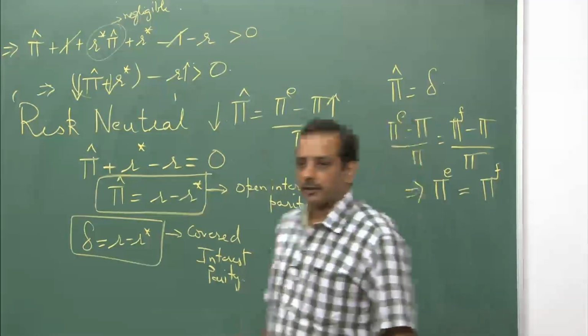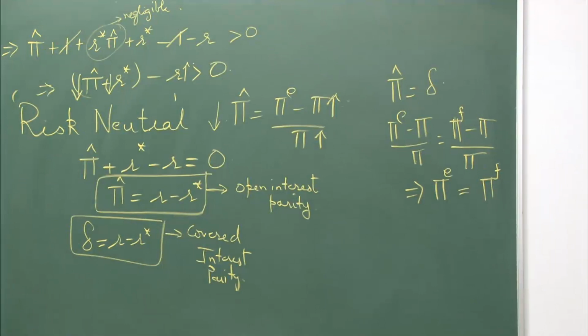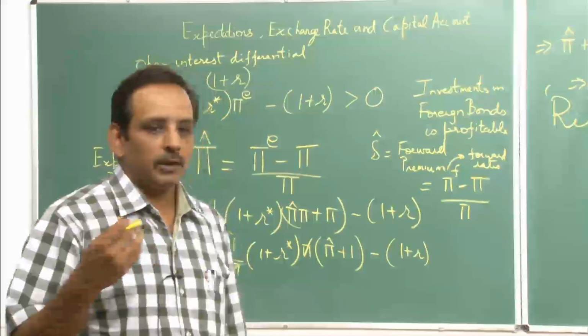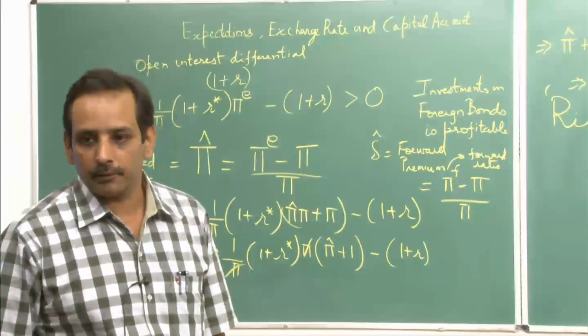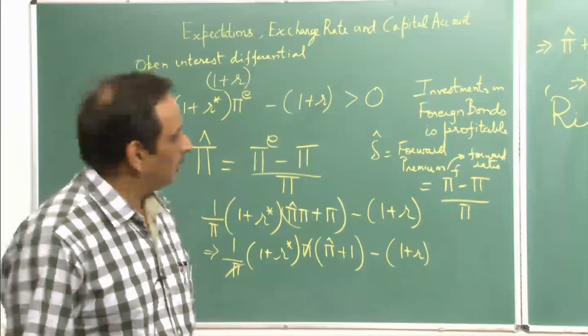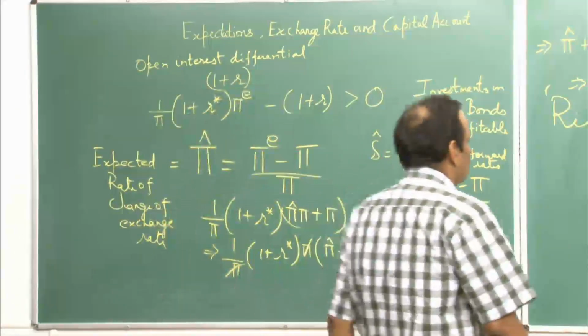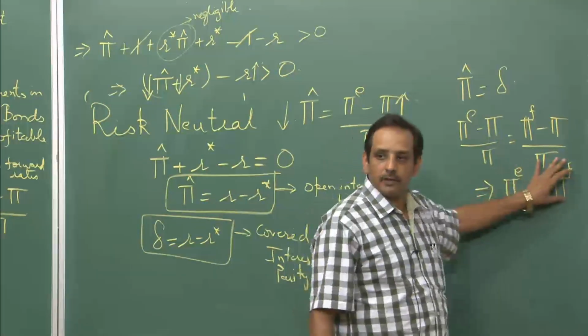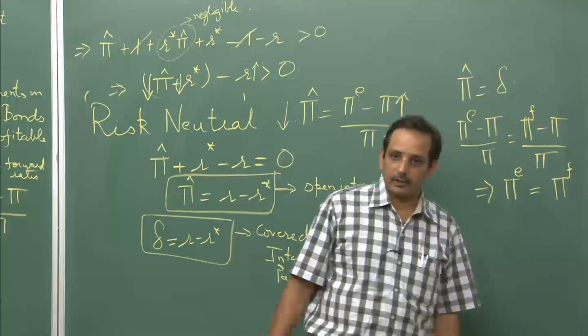Remember, the forward rates are rates which are determined today for a transaction which is done, say, tomorrow or in future. So, the best predictor of the expected exchange rate is the forward rate.